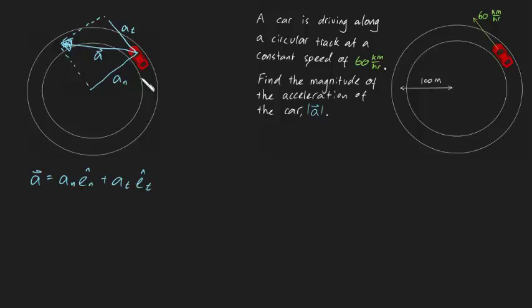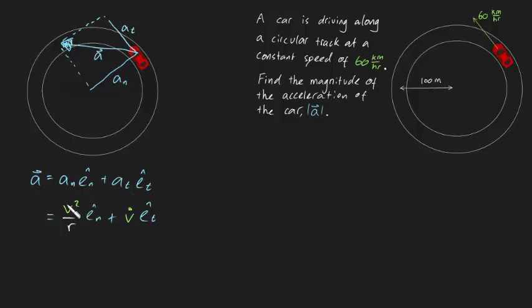At is our magnitude of acceleration in our tangential direction. Now, if we expand this formula out, an can be written as v squared divided by r, times en, and at can be written as v dot, times et just here. Okay, so notice an is v squared on r, and at is v dot.